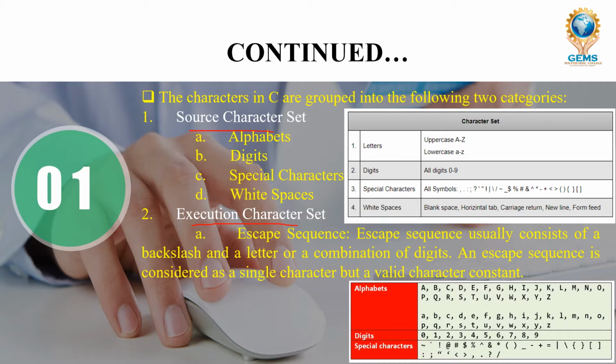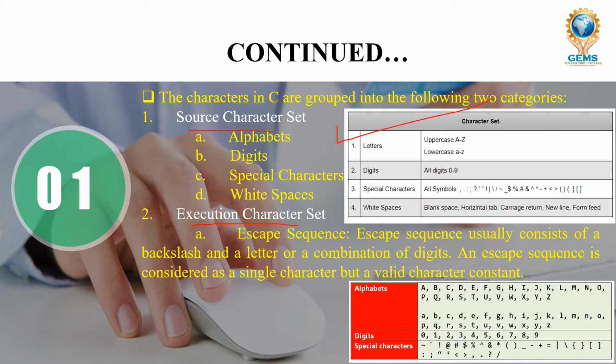Alphabets include both capital letters A to Z, also called uppercase letters, and lowercase letters a to z. Digits are 0 to 9. All symbols are special characters, and white space means blank space, horizontal tab, and so on.